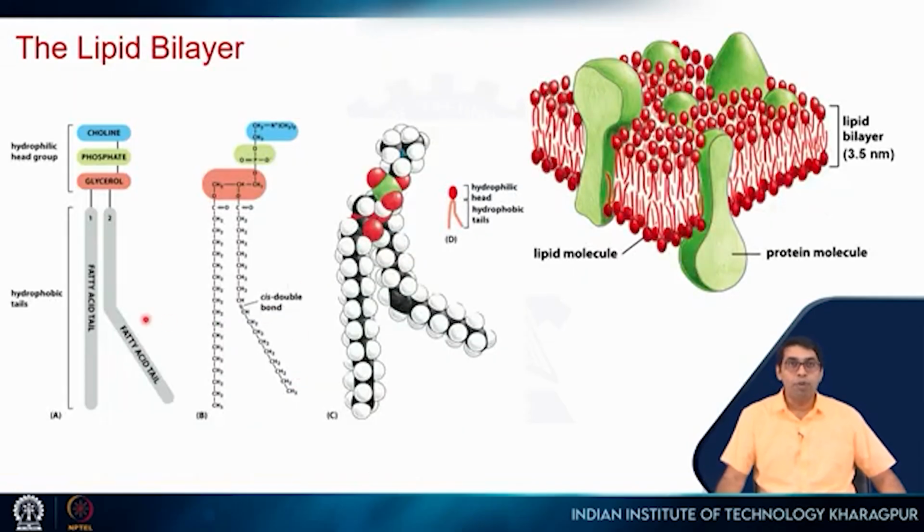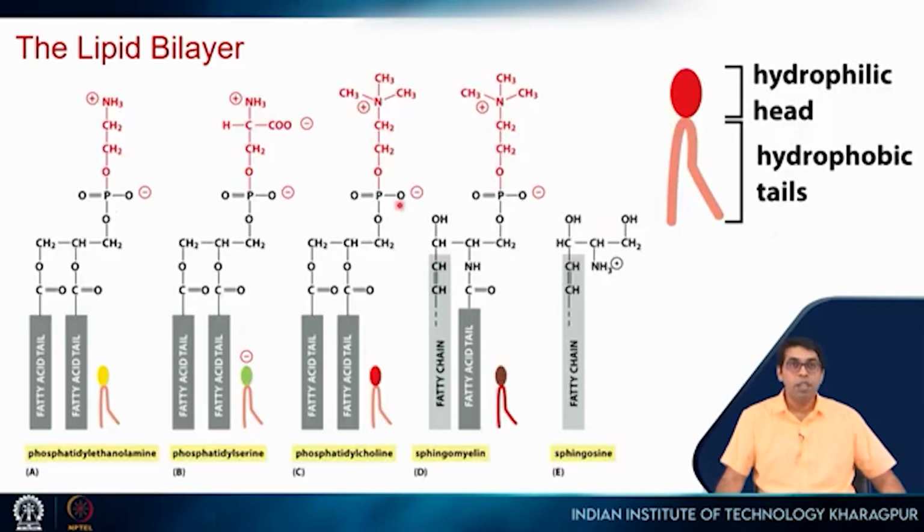Plasma membrane is formed by a lipid bilayer. We have already seen this when I discussed membrane proteins. This is a lipid molecule and it has this charged head group and this fatty acid side chain, right. It forms a bilayer like this in which these membrane proteins are embedded. It turns out that there are many different types of lipids, right.